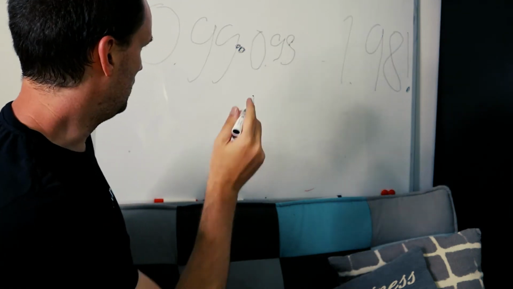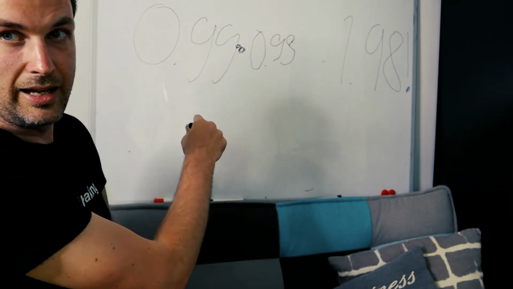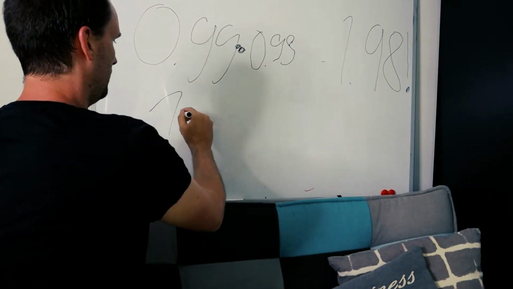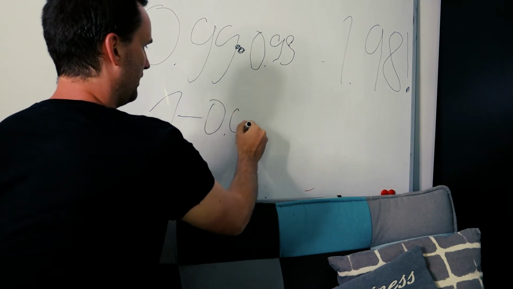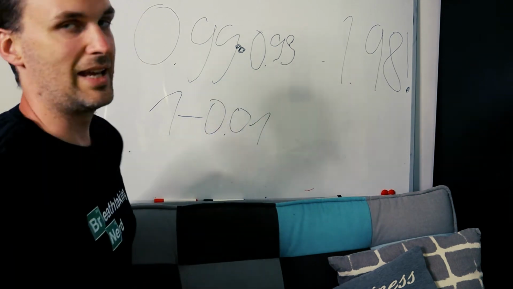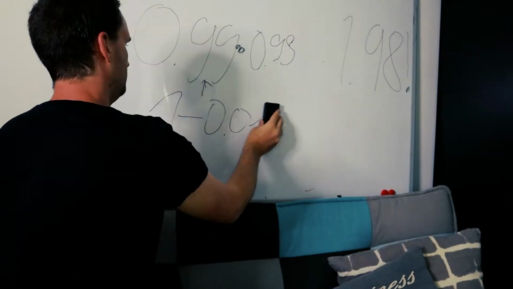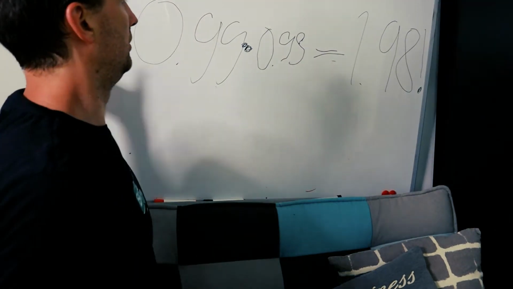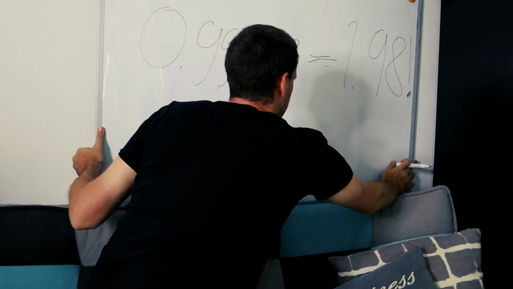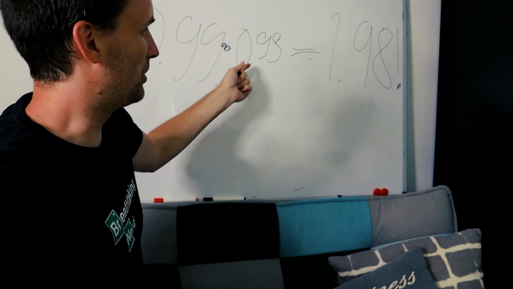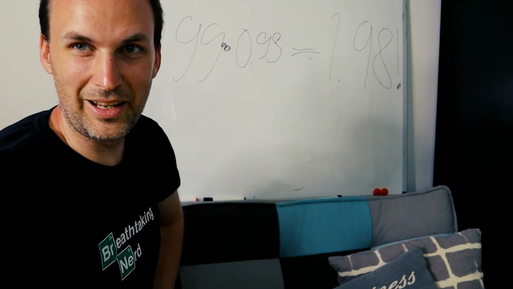Okay, so 0.99 is just 1 minus 0.01, which is the 1%. Okay, that's this here. 0.99 times 0.99 equals 1.98?